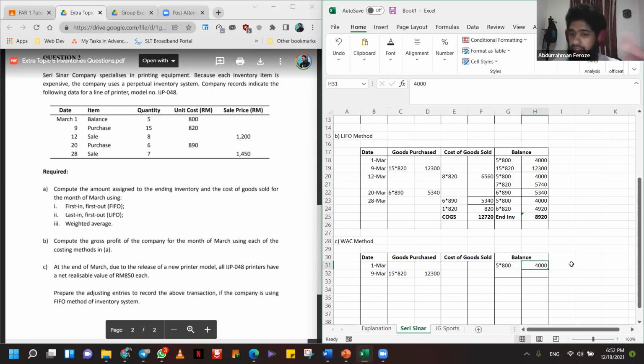To find the average cost for all 20 printers, 5 of them bought for 800, 15 bought for 820, we take the total cost, 16,300, divided by 20. The average cost per printer for these two is 815.